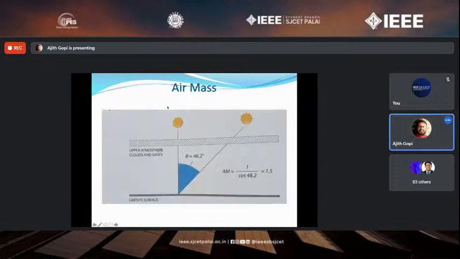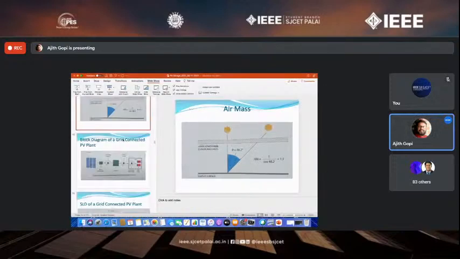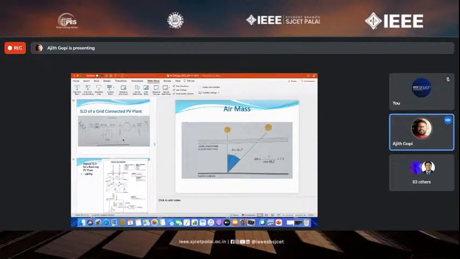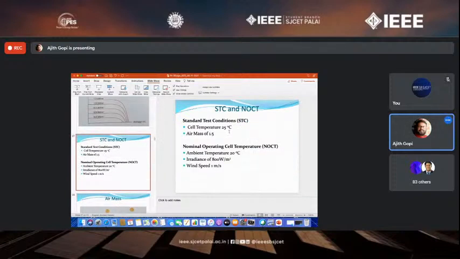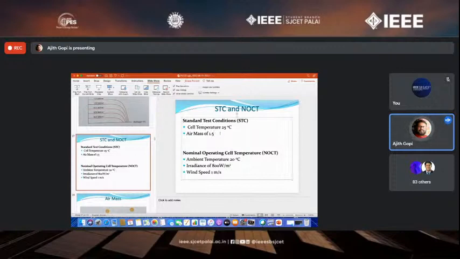Here actually, one thing. I will just take up this cell temperature, and you have the insolation. You have the solar radiation of 1,000 watt per square meter.